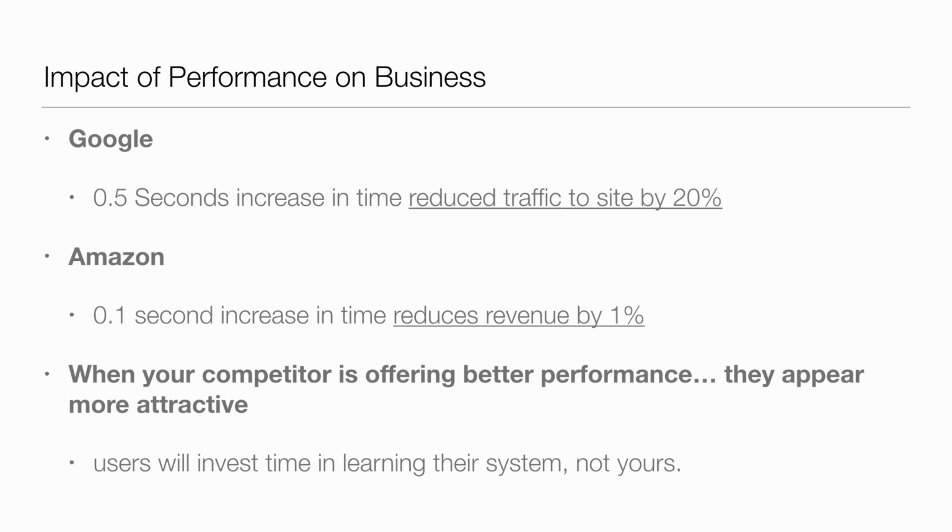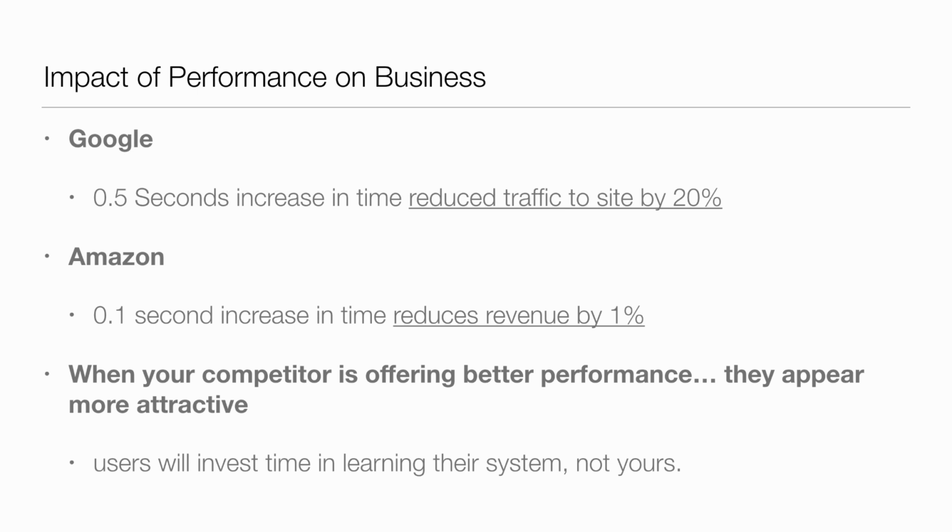Now, 1% when you're the biggest company in the world, or one of them, is a huge number. Now, when your computer's offering you better performance, they appear more attractive. Users invest time in learning the system that is faster, not the system that is slower. And we've all been there. We've spent hours playing with the computer or playing with the system to make it a little bit faster, to make it work better.